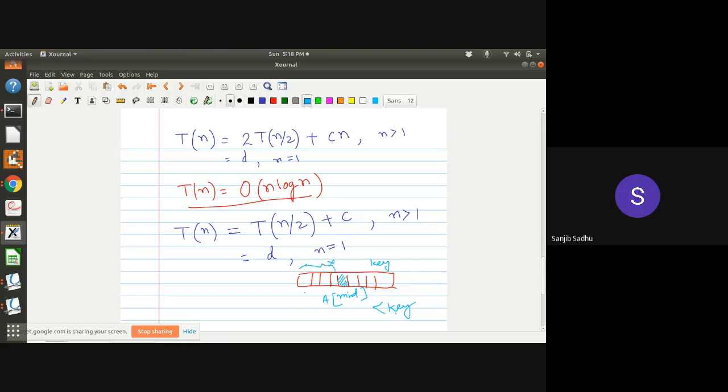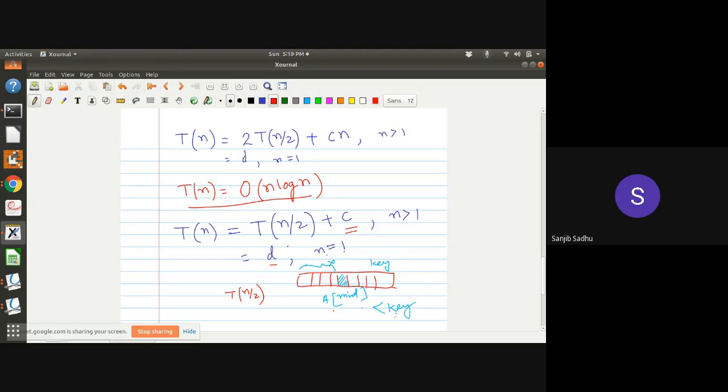I will not accept it. So that means half of the elements will be used. So Tn by 2, plus C, because you are comparing these two elements. That's why it takes constant time. And if n is equal to 1, there is only one element, then it takes only constant time. Is it clear?